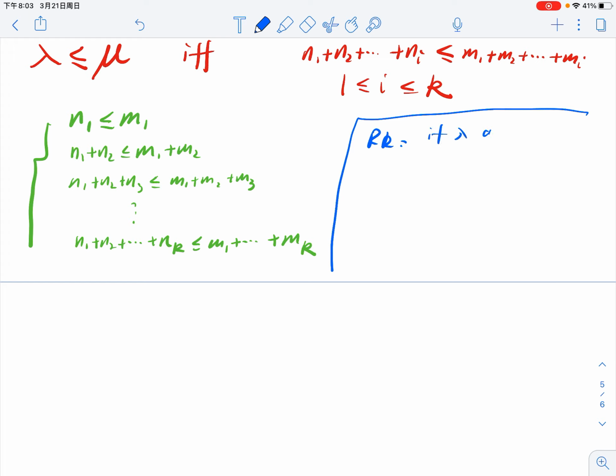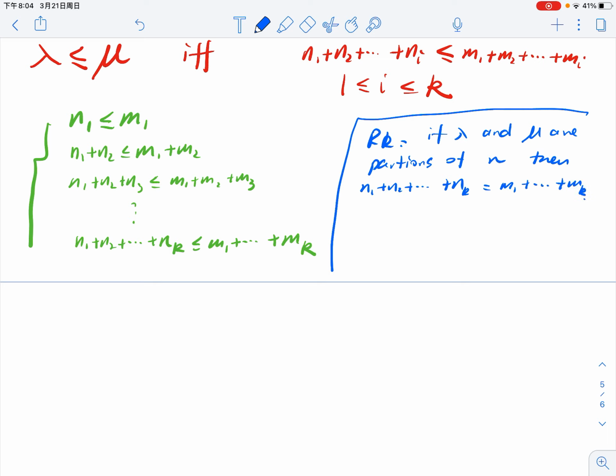If lambda and mu are partitions of the same number, then the last one must be the equality instead of the inequality.